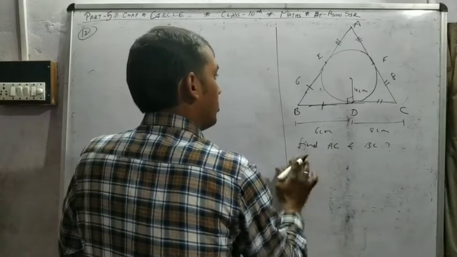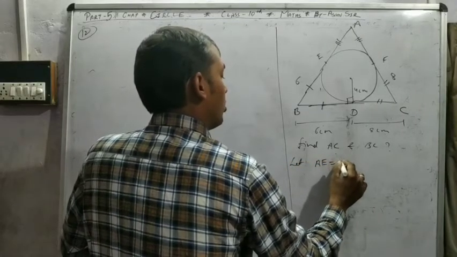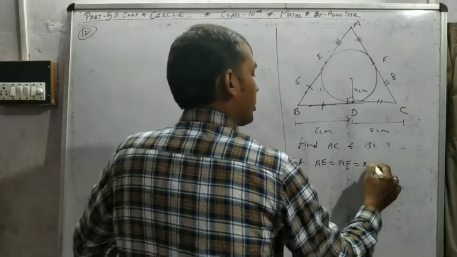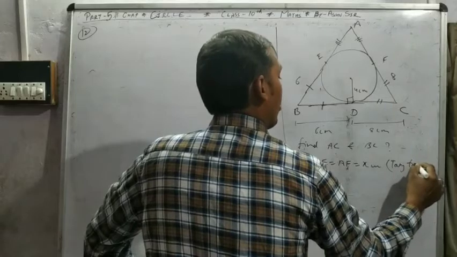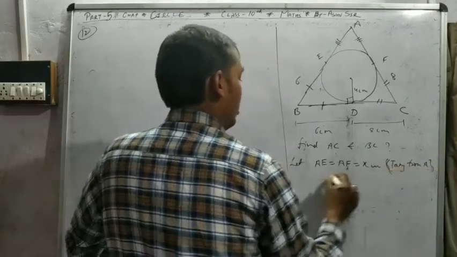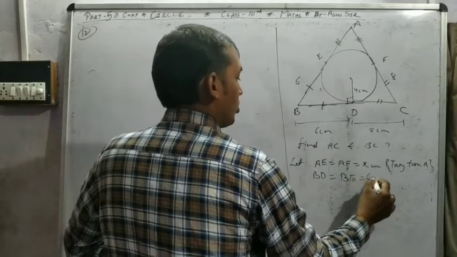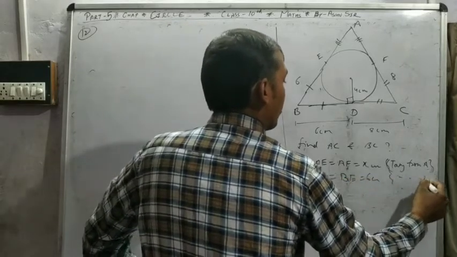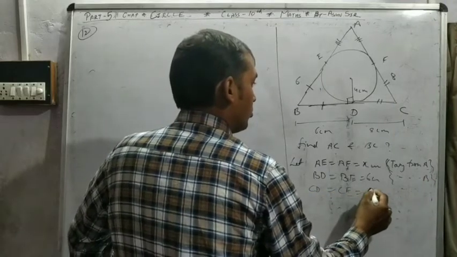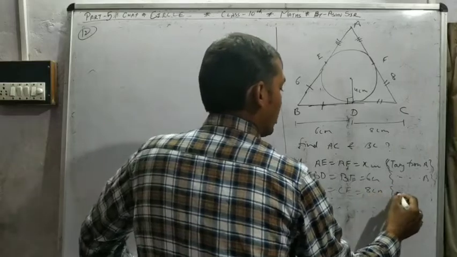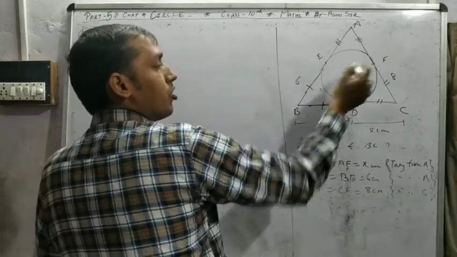firstly write, AE is equal to AF is equal to x centimeter, tangent from A. Same, BD equal to BE equal to 6 centimeter, tangent from B. CD equal to CF equal to 8 centimeter, tangent from C. Because tangents drawn from external points are always equal.